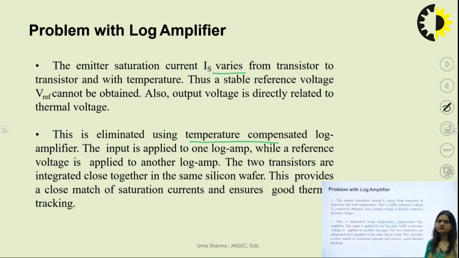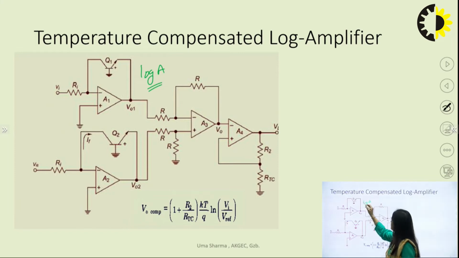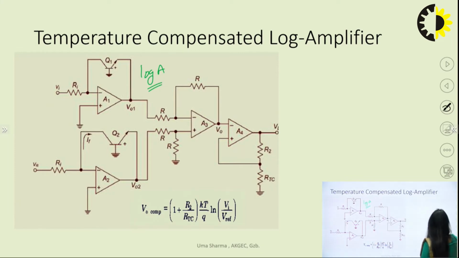In this circuit, we will use more op-amps. Let's see the circuit. This is the circuit for the temperature compensated logarithmic amplifier. Here you can see that this is one log amplifier, like we can calculate log of A. So I can write log of V input, because here the input is represented by VI.